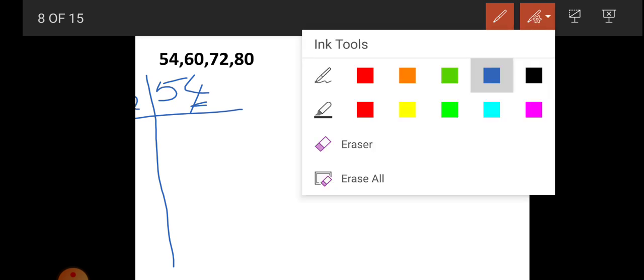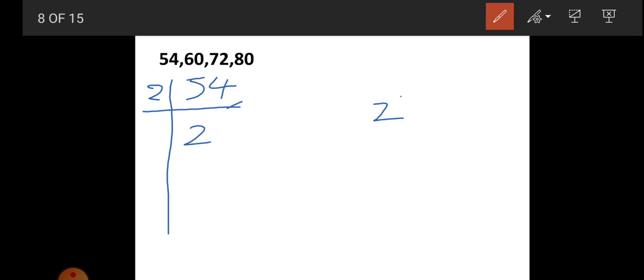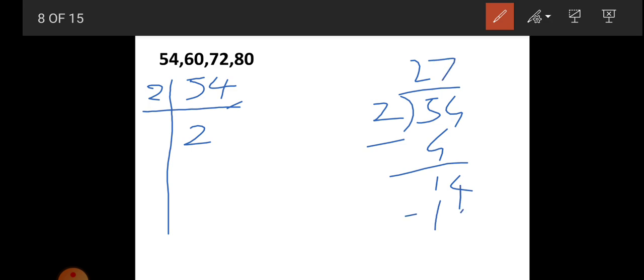Now the next number, 54. Now again, the last digit is 4, so 54 is divided by 2. The last digit is 4, so 2 twos are 4, and 2 sevens are 14.